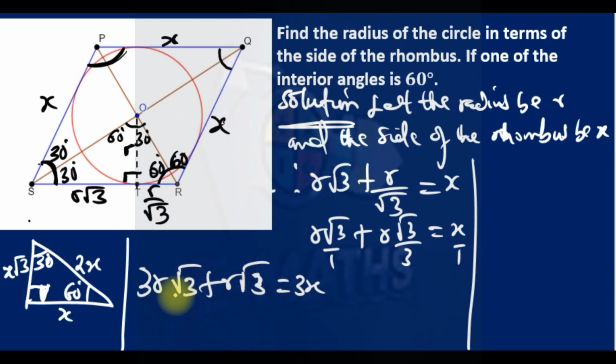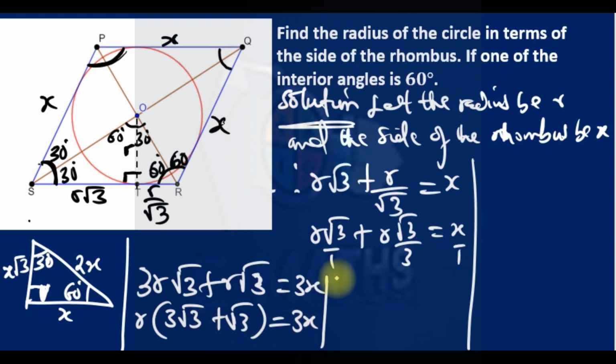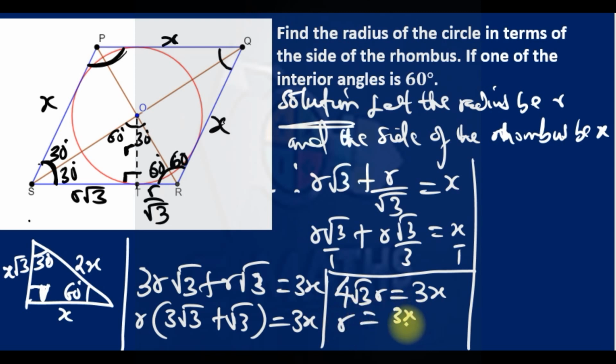As you can see here, we can factor r. So we are left with 3 root 3 plus root 3, which equals 3x. Solving for r, 3 root 3 plus root 3 is 4 root 3. So we now have 4 root 3 r equal to 3x. So solving for r is now 3x over 4 root 3.